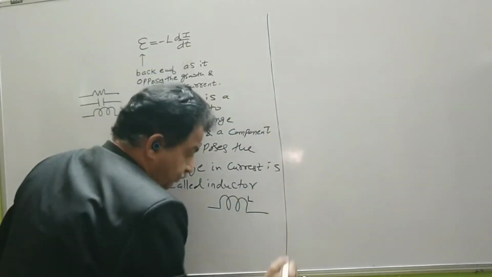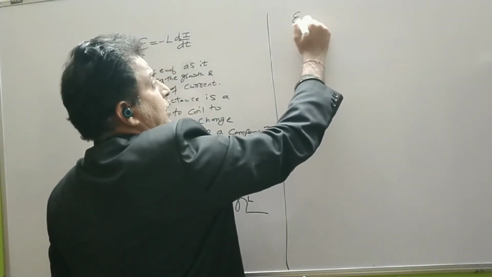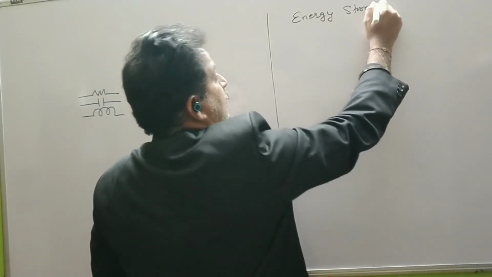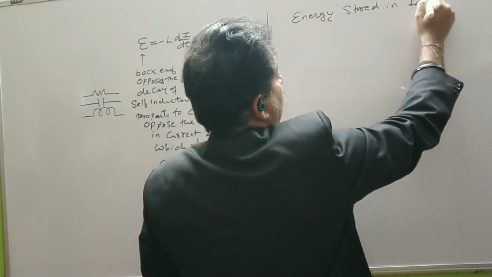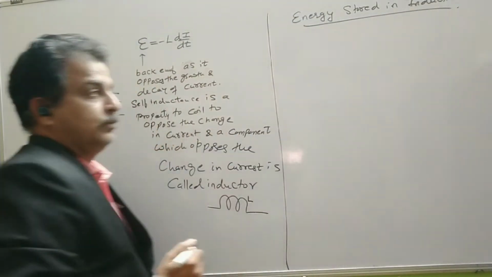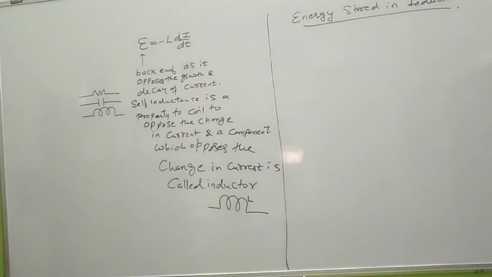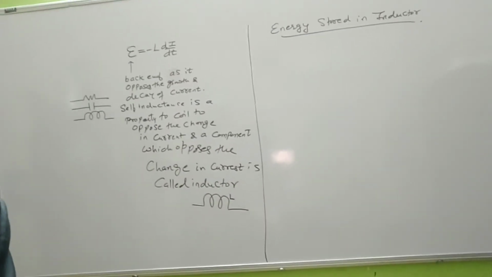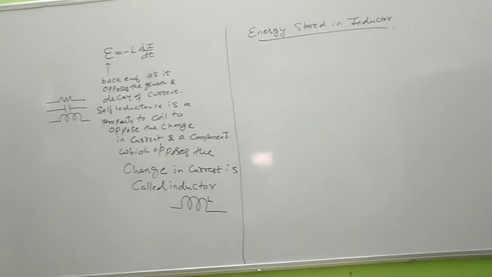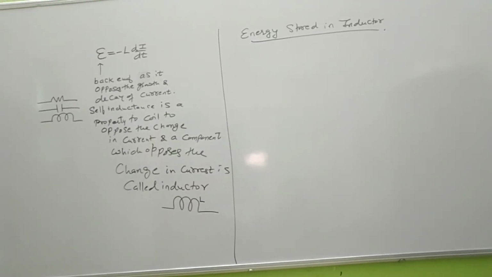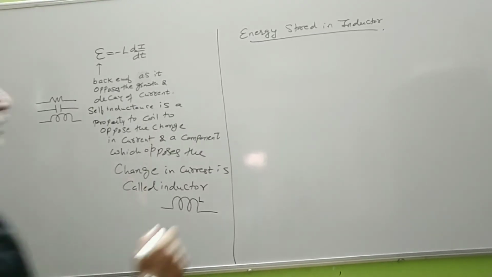So today we will see energy stored in an inductor. Because we have to do the work against the back EMF, we will find out how much work is required to establish the current I in the inductor.